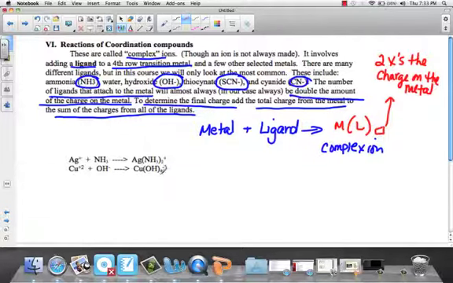So we've got 4 times -1, which is -4. And you've got 1 copper, which is a +2 charge. So a -4 and a +2 is a -2, which is where this charge comes from.